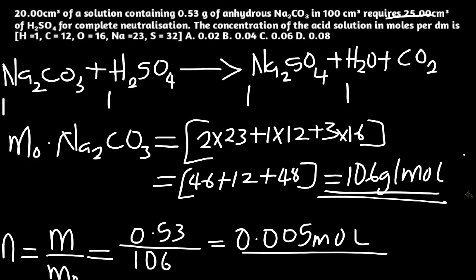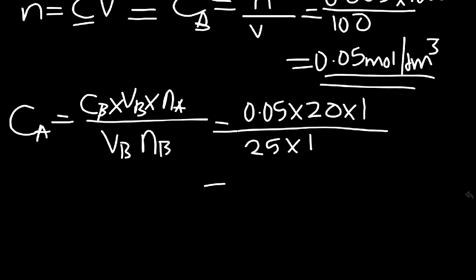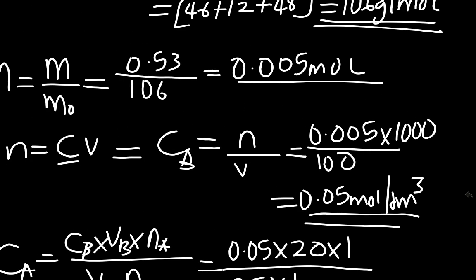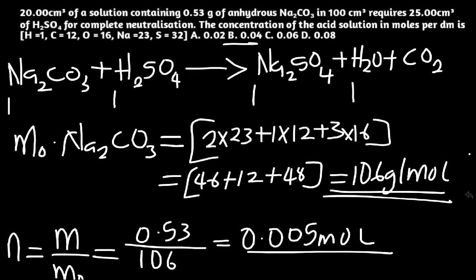You could see here that it requires 25 cm³ of H2SO4, so the volume of the acid is 25. If you punch this, you arrive at the concentration of the acid as 0.04 mole per dm³. Now let's check which option tallies with what we've got. You see option B is the correct answer, 0.04.